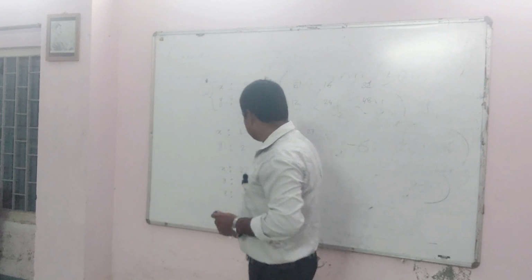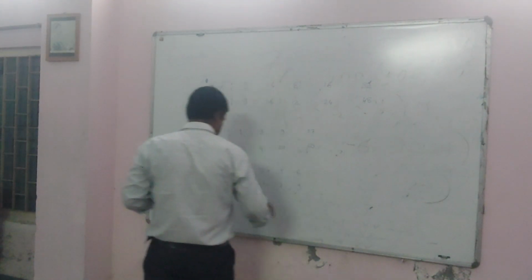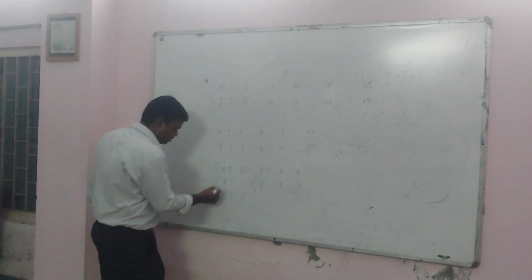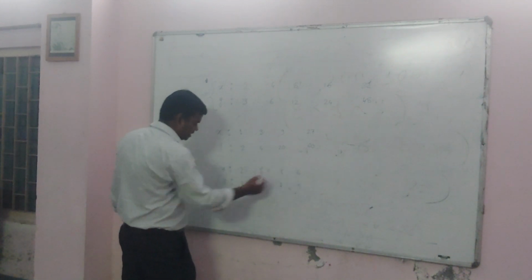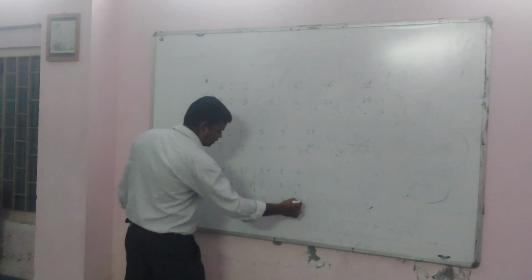For example, say we can take this example x, y and z. X values are 2, 3, 5, 6, y values are 1, 4, 7, 9, and the z values are, say, 3, 3, 3, 3.